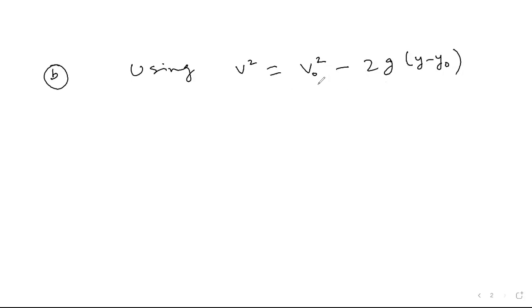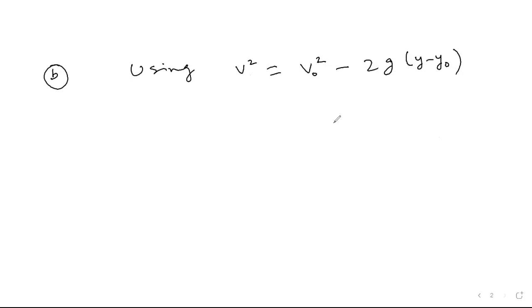You know the symbols. v naught is initial velocity, v is final velocity, y naught is initial y coordinate, y is final y coordinate. Motion is taking place vertically, and that vertical direction we are labeling y direction. Upward we are taking positive, downward we are taking negative.